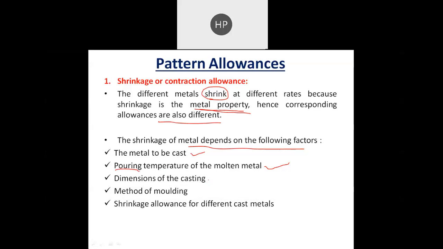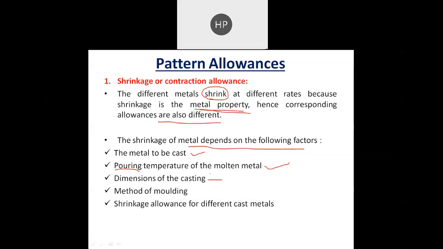Then the dimension of the casting: if we have a small casting, then it requires very little shrinkage. But if we use a very big casting and pour many kgs of molten metal inside the cavity, then after solidification we can have a very abrupt change in the dimension due to that shrinkage.